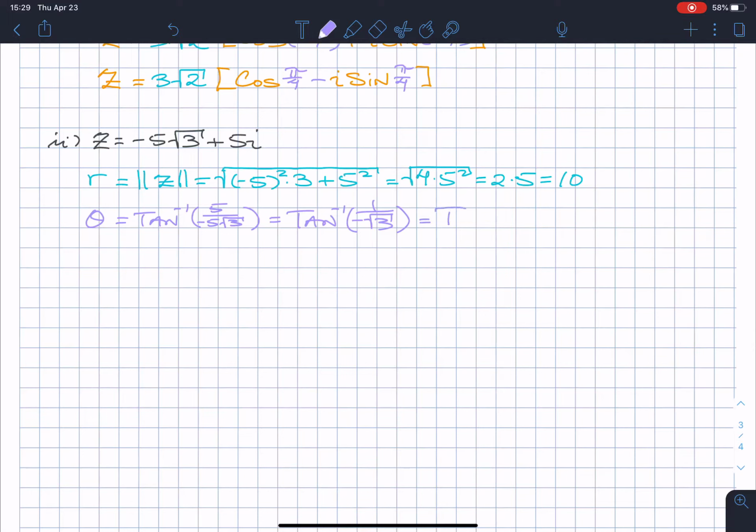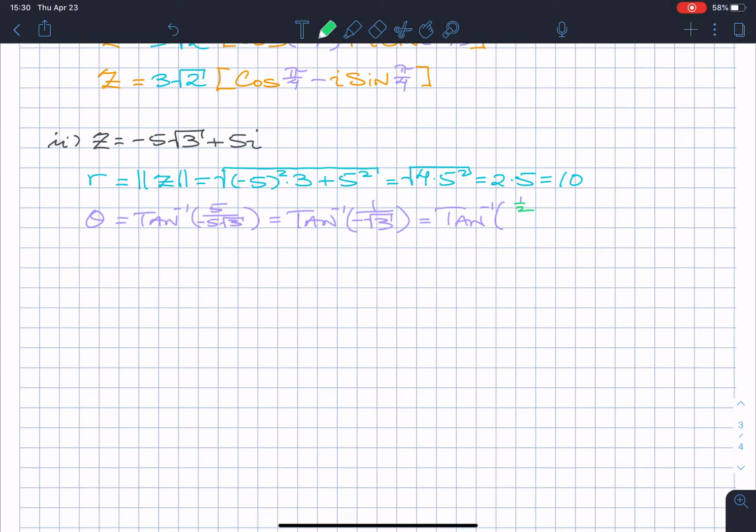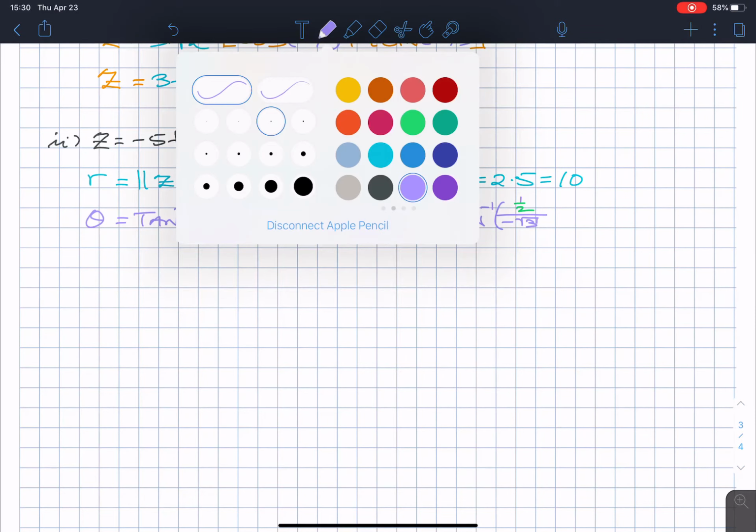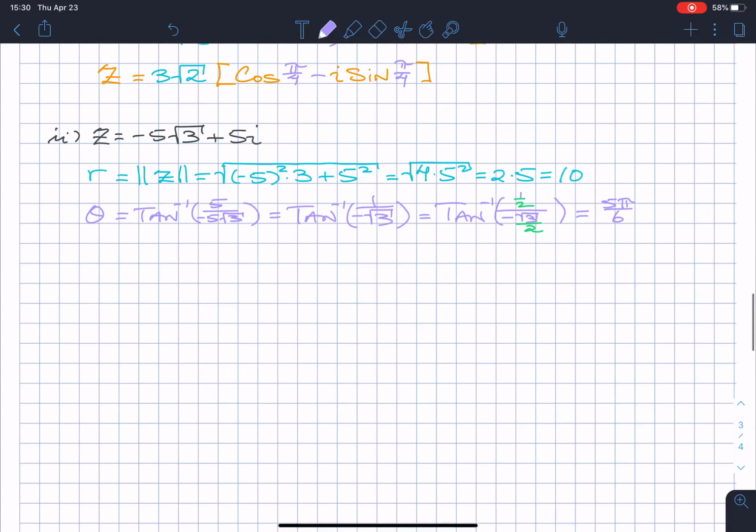So for inverse tangent, let's see, if I divide each by 2, so 1 divided by 2 all over negative root 3 divided by 2, then I'm looking for the angle that has an x-coordinate of negative root 3 over 2 and a y-coordinate of positive 1/2 in quadrant 2, and that's 5 pi over 6. So that is my argument.